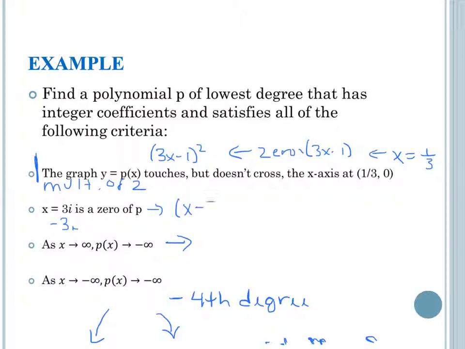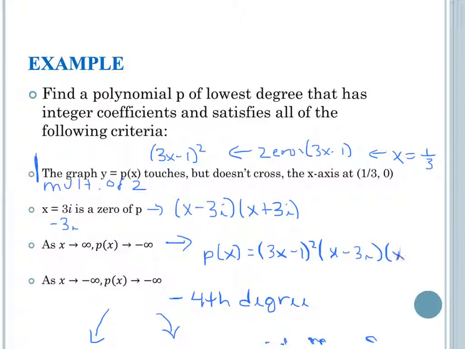So this is with the plus 3i, and then this is the minus 3i. So if I put all of these together, I would have a polynomial. Let's see, p of x, 3x minus 1 squared, and then x minus 3i, and x plus 3i.